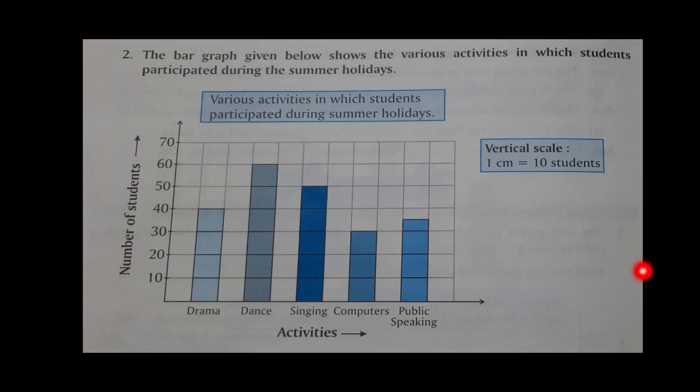Horizontal axis represents activities, vertical axis represents number of students. Vertical axis scale 1 centimeter is equal to 10 students. Horizontal axis labels are drama, dance, singing, computers and public speaking.